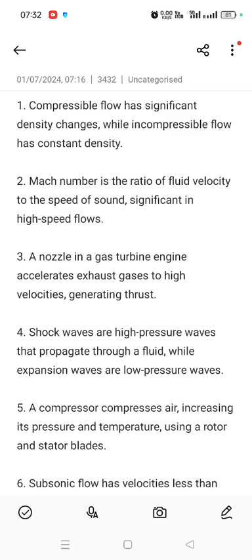When it is equal to 1, it is called sonic flow. When it is greater than 1, it is called supersonic flow. When it is less than 1, it is called subsonic flow.